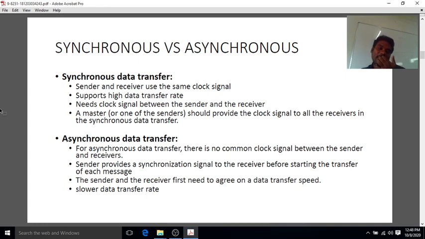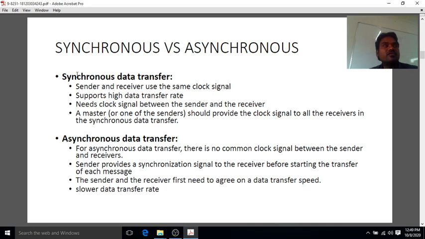The sender will use one particular clock signal, whereas the receiver uses another particular clock signal. Based on these clock signals the data transfer takes place, and there is no synchronization between the clock signals of the receiver and the transmitter.